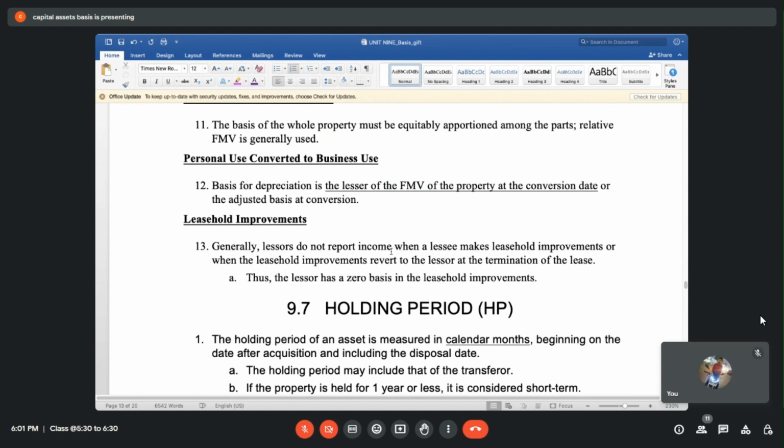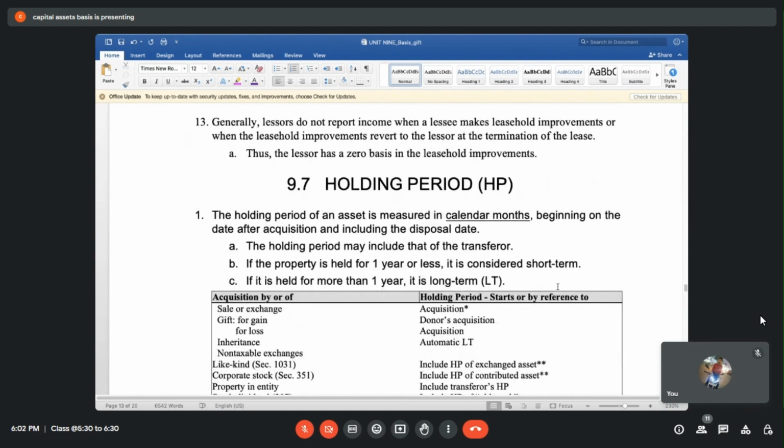But if the whole plumbing has been damaged, and the tenant goes to the landlord saying this needs to be fixed, and they get it done, obviously that becomes an addition to the basis. So you cannot take it back. That doesn't mean there is income for the lessor, or that the basis needs to be adjusted, and we will say the lessor has a zero basis in those leasehold improvements.